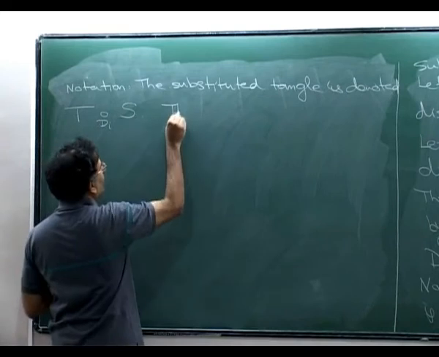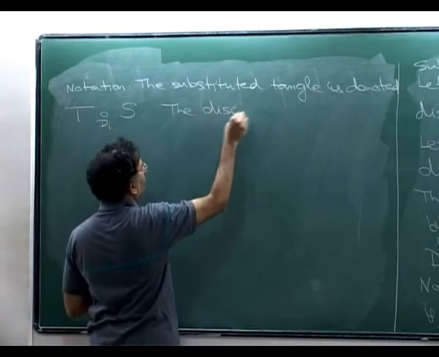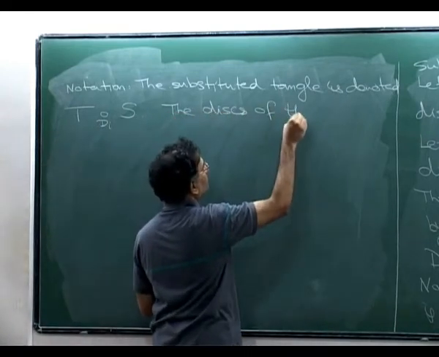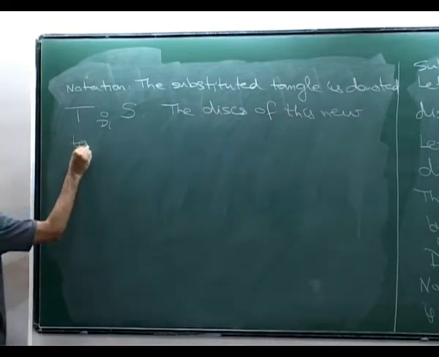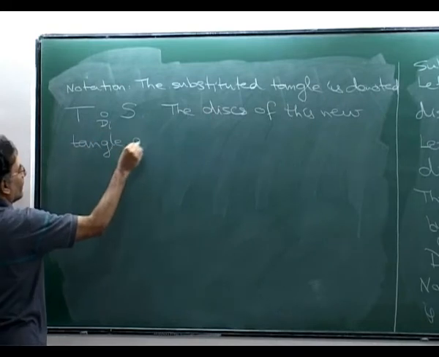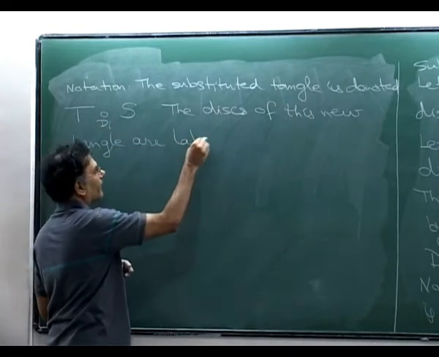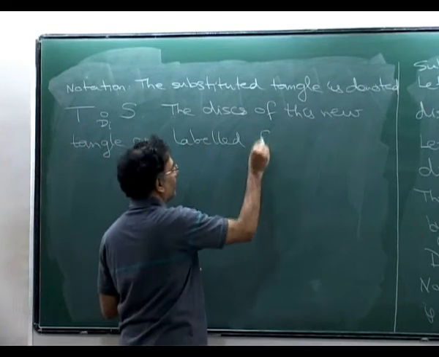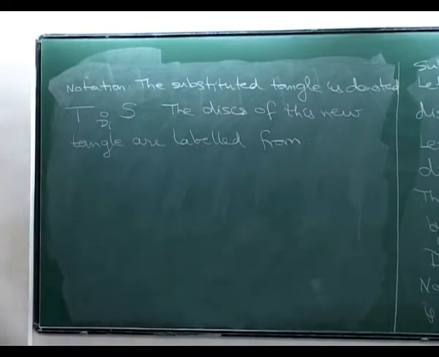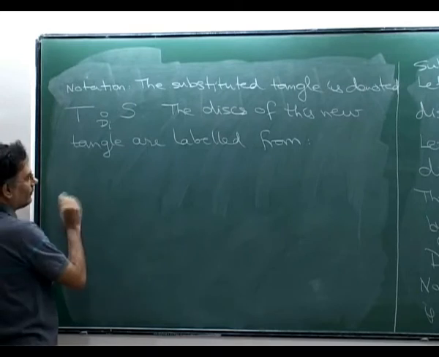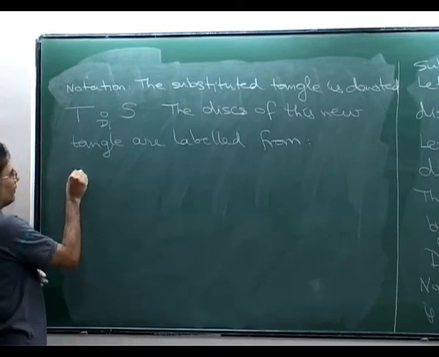And the disks of this new tangle are labeled from, so how many disks are there? Initially your T had some number of disks. This is an aside.